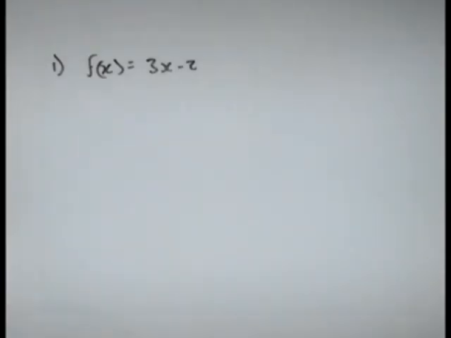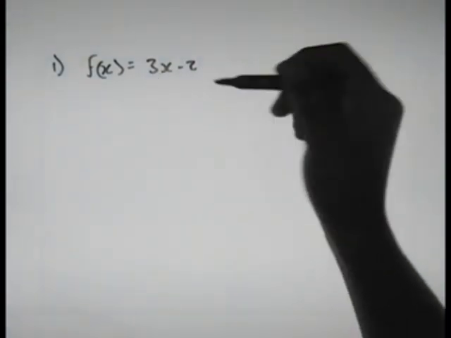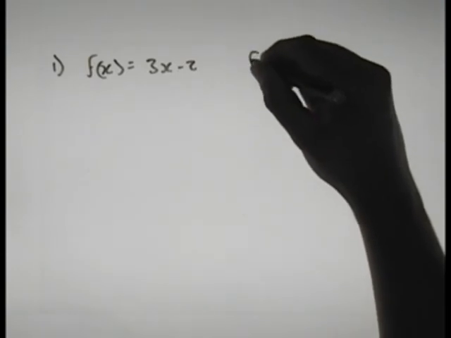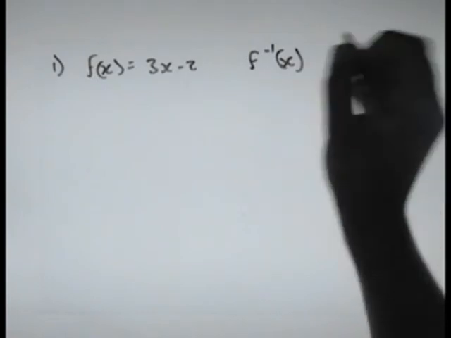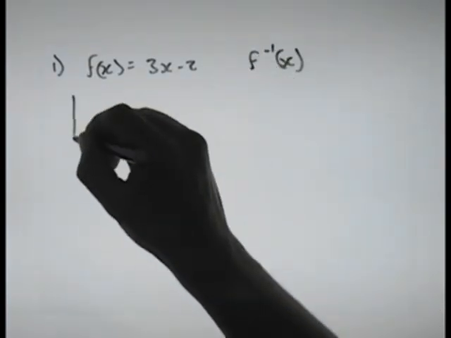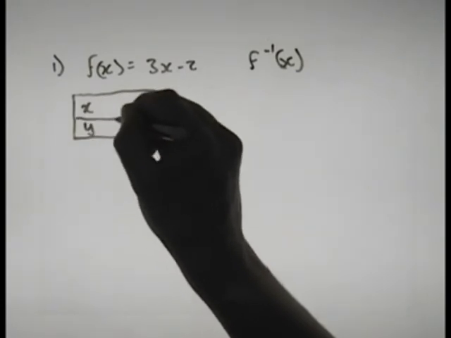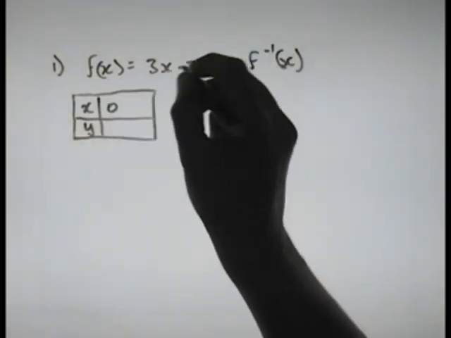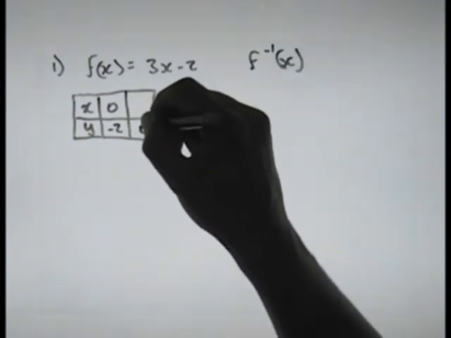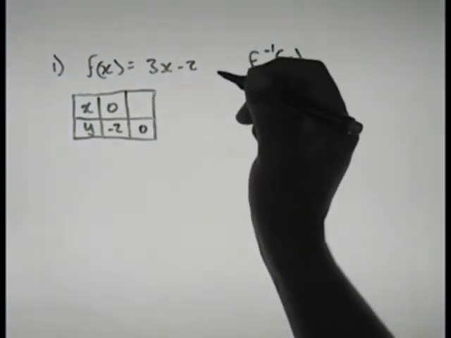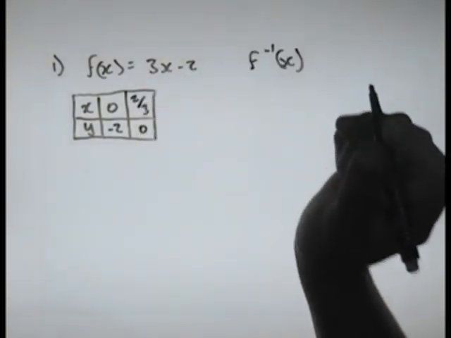The first one I gave you was to sketch the inverse graph. I said draw the graphs of f of x and its inverse on the same set of axes. F of x, if we're going to sketch this, we only need 2 points. Firstly, when x is equal to 0, y is going to equal -2, and when y is equal to 0, x is going to equal +2/3.